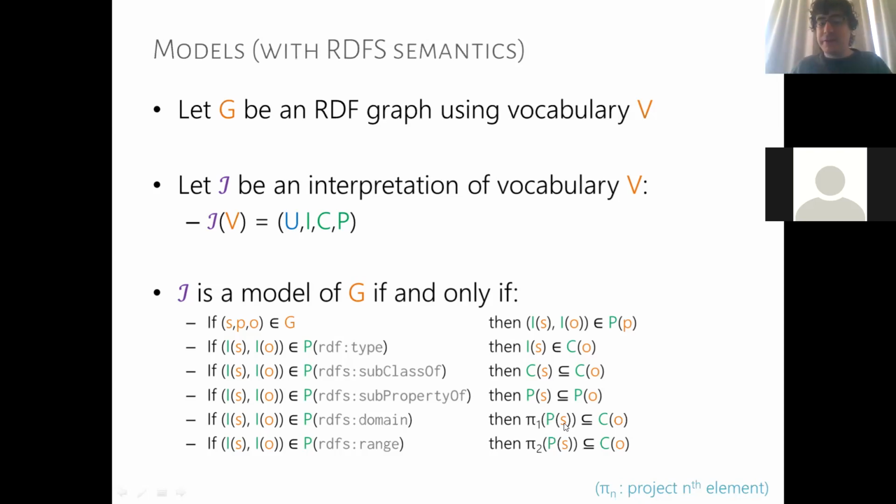We take the first element of every pair, and then we say that that is a subset of the class denoted by O. For the range, we do something similar, except we project the second element of each pair in this set and define it to be a subset or equal to the class O. The specific definitions are not so important, but hopefully you're getting the idea of using set theory and set notation to define precisely what these things mean.